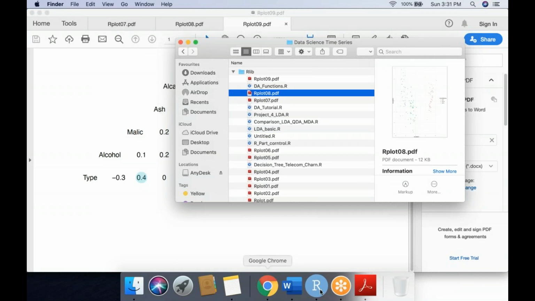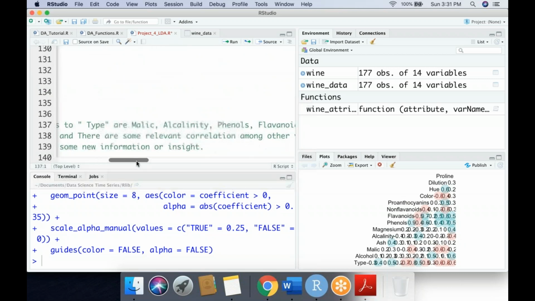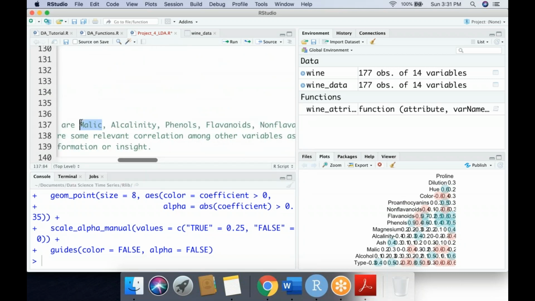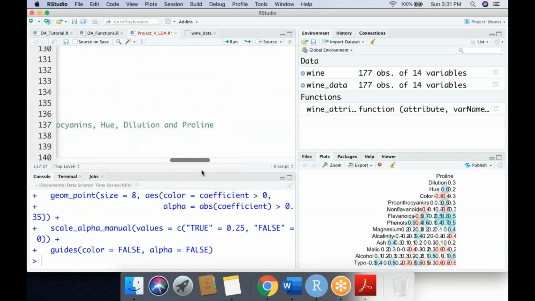So what I can suggest is you run a log transformation on the proline data, and run this correlation matrix to see if it changes, because we can actually see a correlation between malic, alkalinity, phenols, flavonoids, hue, dilution, and proline.